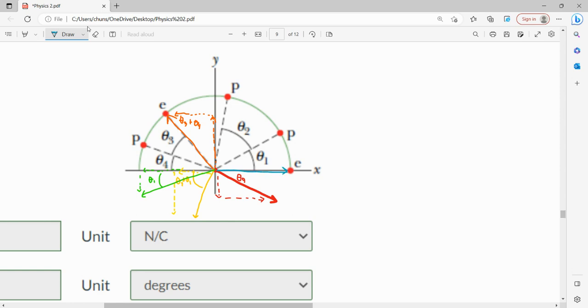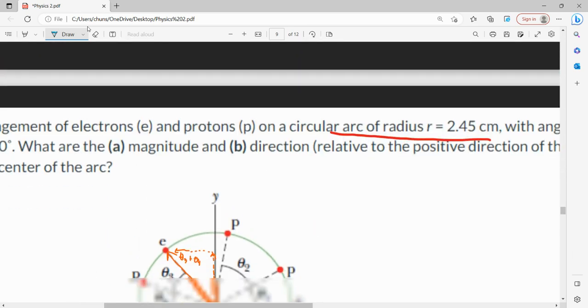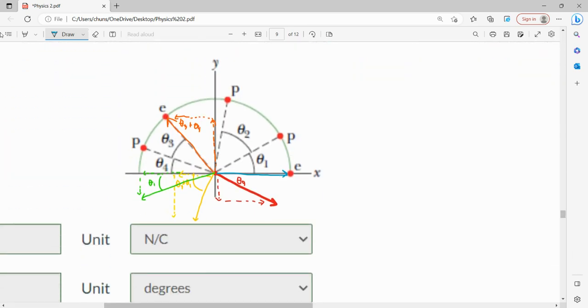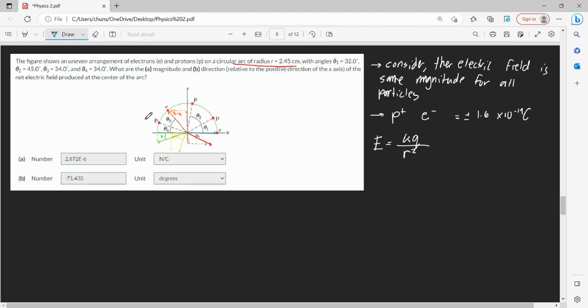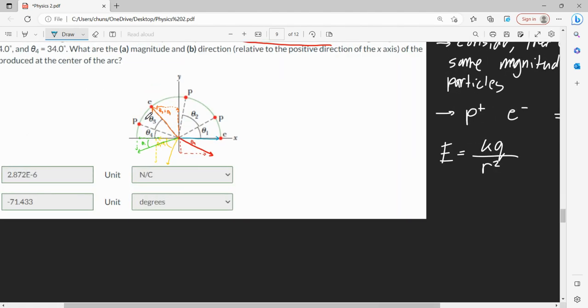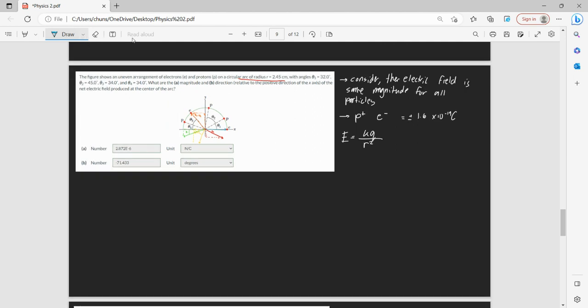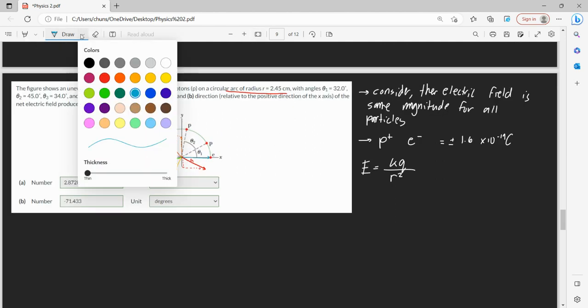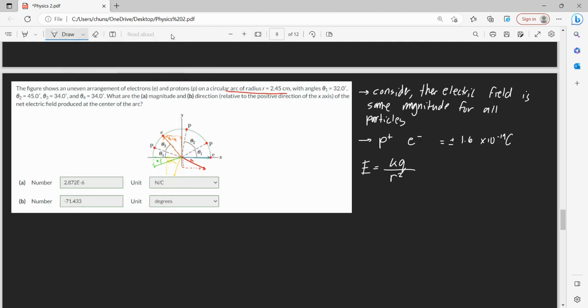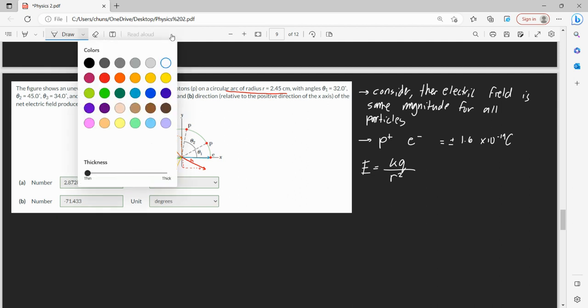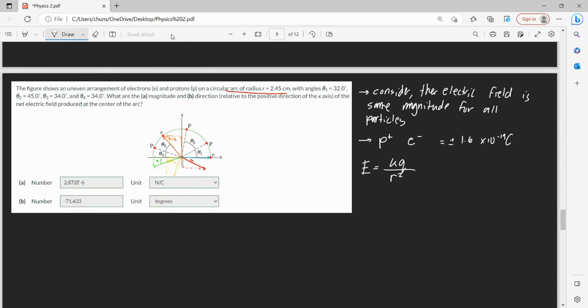So we're going to need a lot of different calculations for this. That's why I've color-coded our work. So we're going to start off with calculating our electric field, because we knew that it was the same. And what we need to add is our directions and our angles.